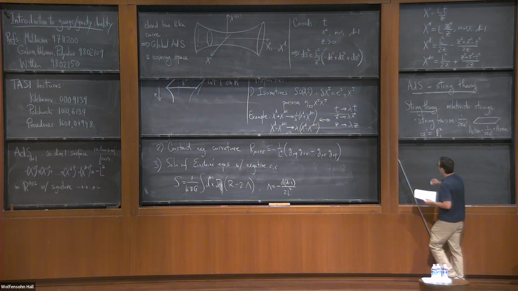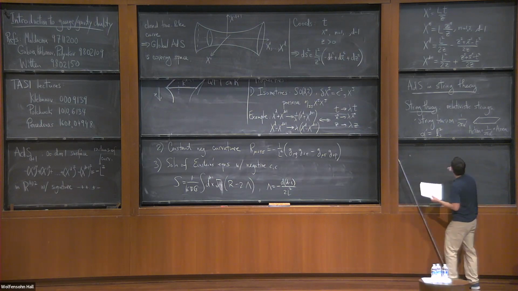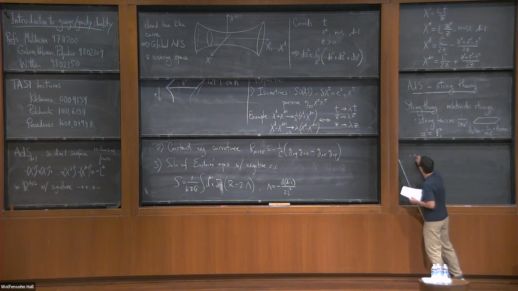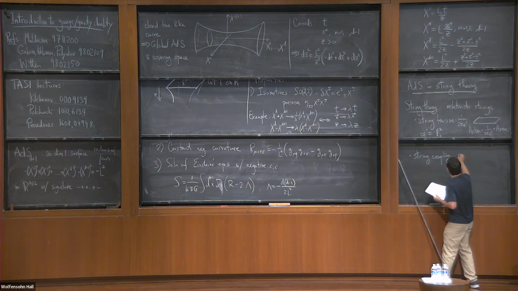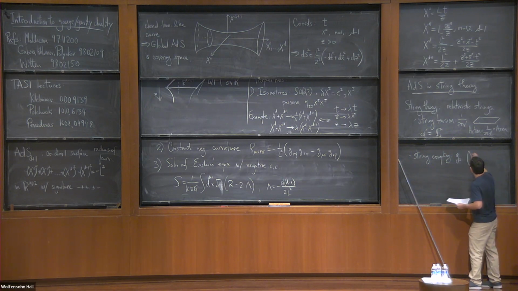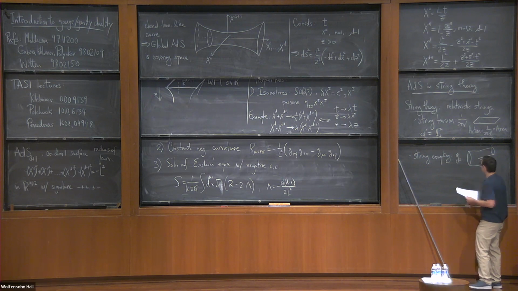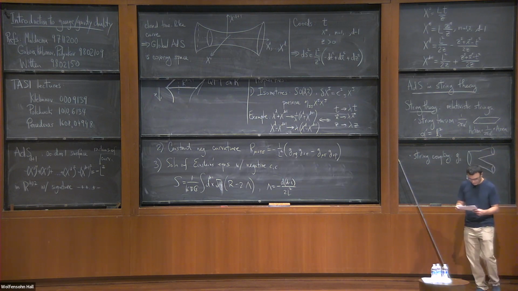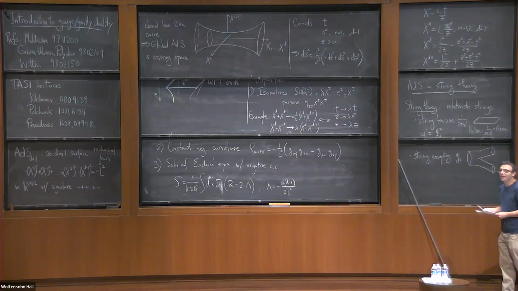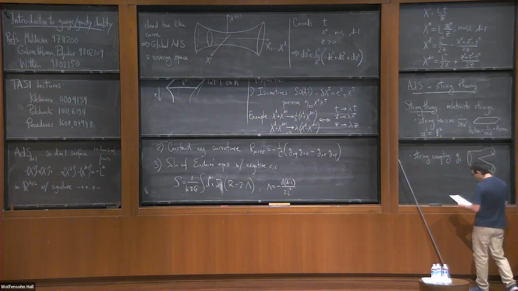And strings can also interact, and there's a string coupling, denoted by g_string. It describes this process where the string just splits into two. Okay, that's all we need to know about string theory. Well, almost.